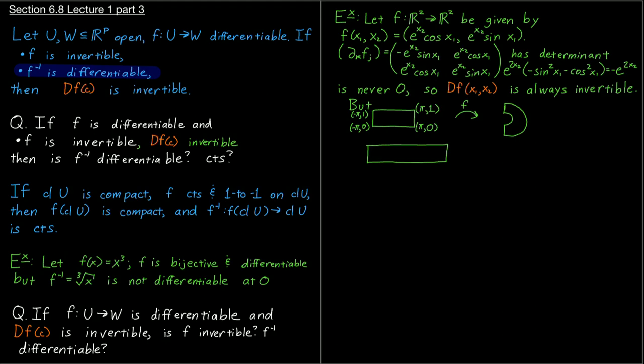You take a strip that's twice as wide. Sorry, these all need to be pi over 2.